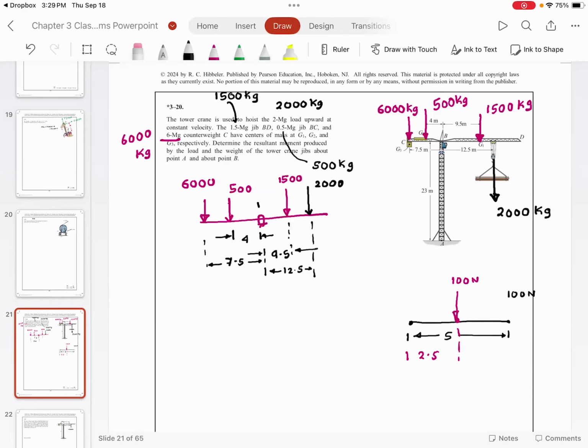And this is point B. Now, it's always a good idea to add the coordinate system where you are taking the moments.